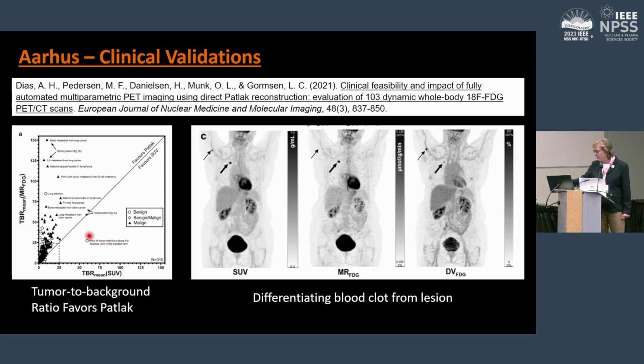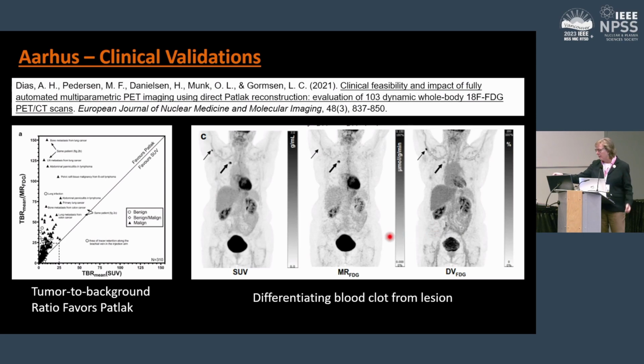And they also showed this interesting case in their paper where there were clearly 2 bright lesions on the SUV image. But if you break it down into its components, the one in the armpit didn't show any bound FDG, but it did show the free FDG. And sure enough, that was an AV malformation. There was just blood pooling in the armpit.